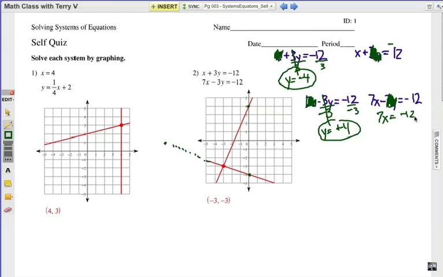It's not going to be very pretty, but when I divide by 7, I'm going to have an approximate x-intercept of about -1 5/7. So a little more than 1.5, and that's a negative. All right? So there it is right there. Now this is going to be approximate, but if I can draw a straight line there, I realize that the intersection point is going to be right there, (-3, -3).